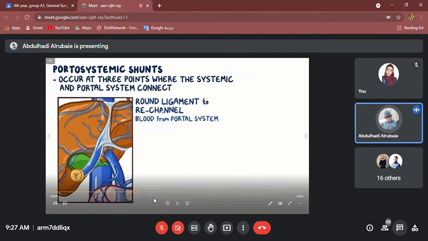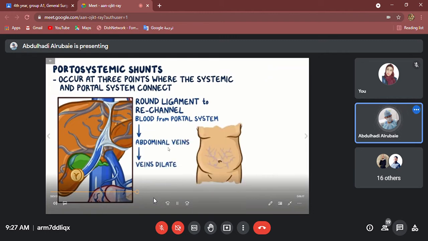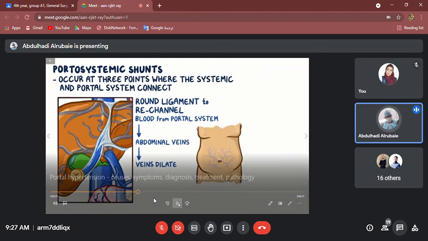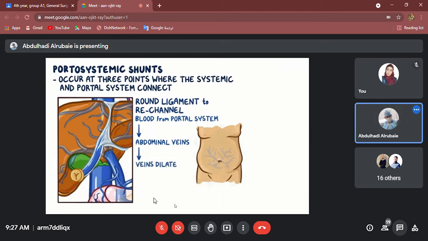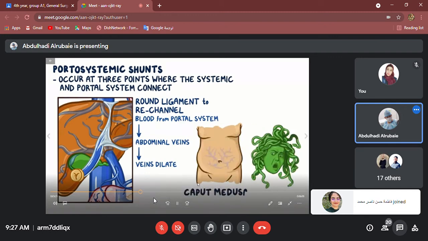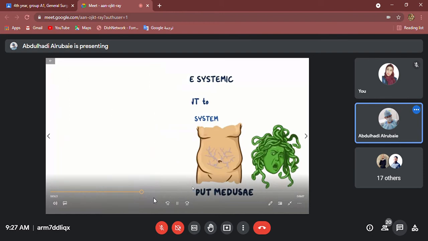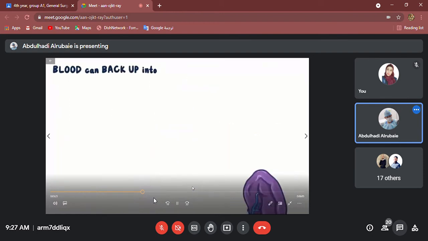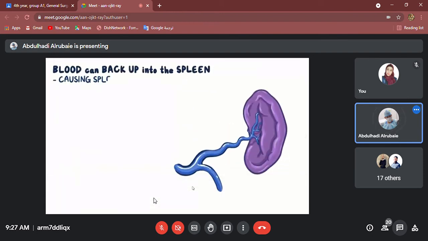Rechannelization of the round ligament, which passes to the systemic venous system, and due to dilatation of the veins around the umbilicus, producing caput medusae.